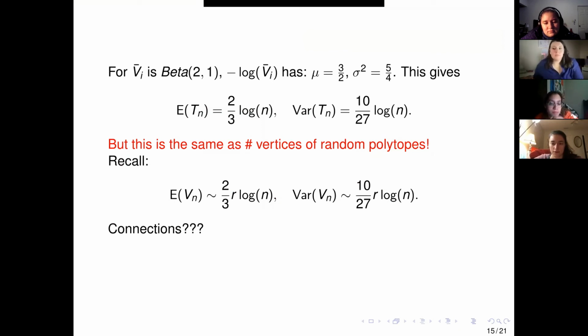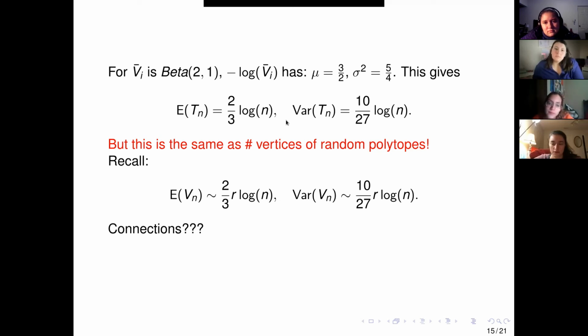Plug it in, and voila, what do I get? I get the expected number of bricks, expected T_n, is 2/3 log n, and the variance is 10/27.